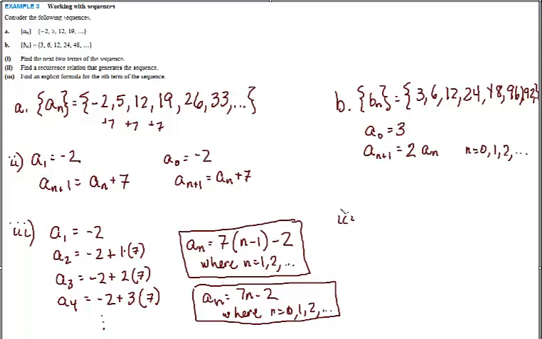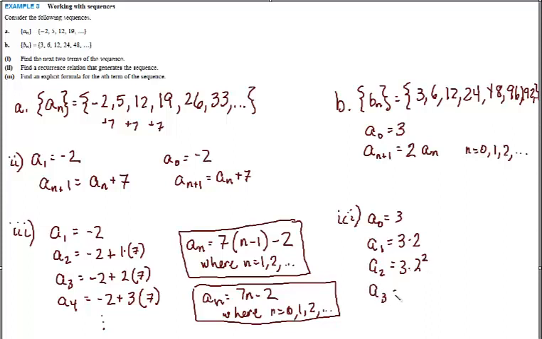For my explicit formula, I have to figure out what's going on here, and just writing them out really helps me a lot. To write, a sub 0 is 3, a sub 1 is 3 times 2, a sub 2 is 3 times, and I guess that would be 4, so that's 2 squared.